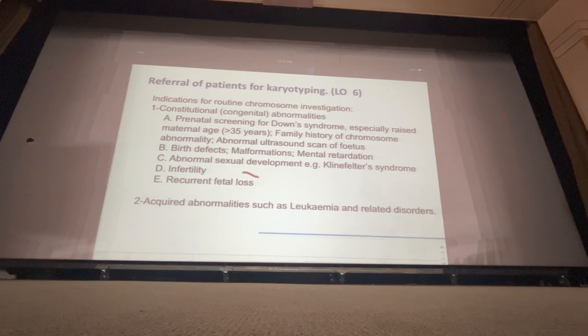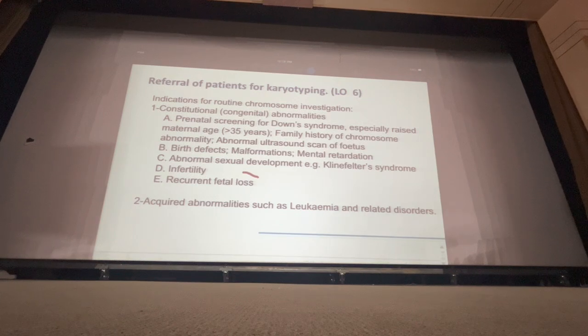First, prenatal screening for Down syndrome. So it is called prenatal, before delivery, especially if we have advanced maternal age, which increases the chance. Also, maternal age, family history of chromosomal abnormality, or an abnormal ultrasound scan of the fetus.